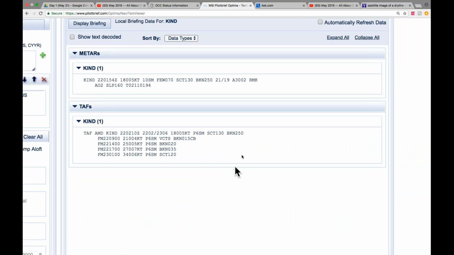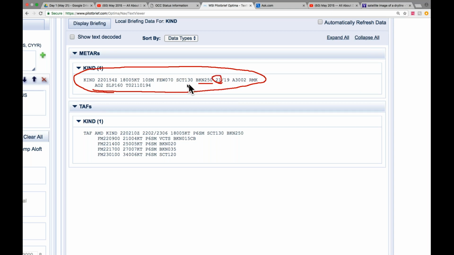Okay, so this is the current weather. Right here, this is the current weather in Indianapolis. Okay, here's my temperature, and then here's my cloud conditions, my sky conditions is what we call them. Okay, so I've got few clouds at 7,000 feet, scattered at 13, and broken at 25,000 feet.